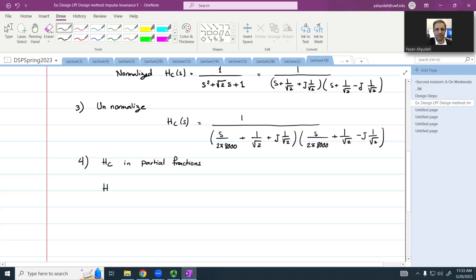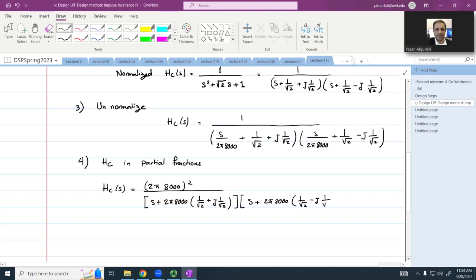So therefore, we can write Hc of S as equal to 2 pi multiplied by 8,000 squared, divided by S plus 2 pi multiplied by 8,000 multiplied by 1 over square root of 2 plus j over square root of 2, multiplied by S plus 2 pi multiplied by 8,000 multiplied by 1 over square root of 2 minus j multiplied by 1 over square root of 2.